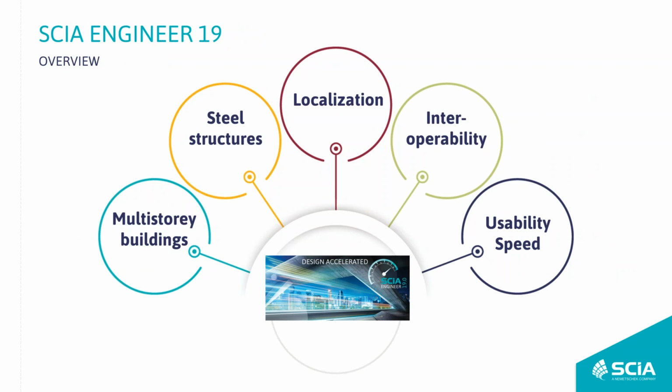The tagline is Design Accelerated, and as you will see in the webinar, we will be speaking about the features related to multi-story buildings and steel structures. We will spend a couple of minutes on localization and interoperability, and at the end, we will be speaking about usability and speed.